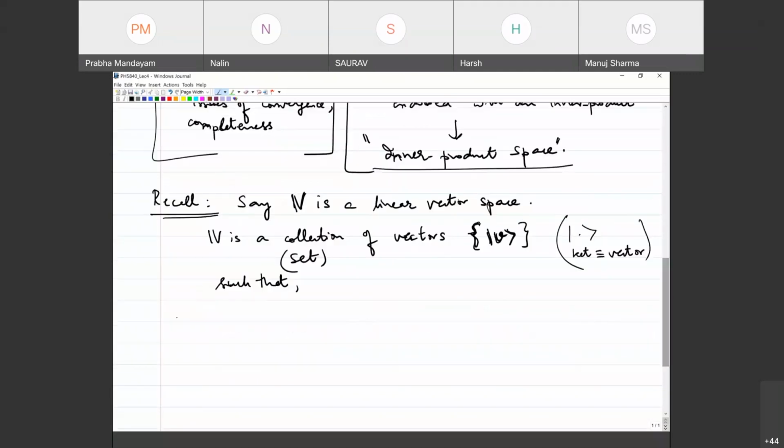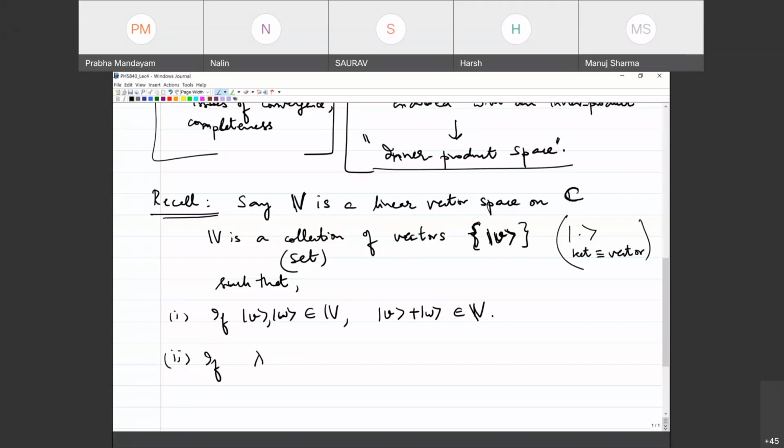So first, the sum of two vectors is also an element of the vector space. So let me just formally write this down quickly. So if V and W belong to V, then this sum also belongs to V, right? We also say that this is a vector space on some field, okay? And in this case, we are concerned with complex linear vector spaces. So we will say that it's a vector space on the field of complex numbers, okay?